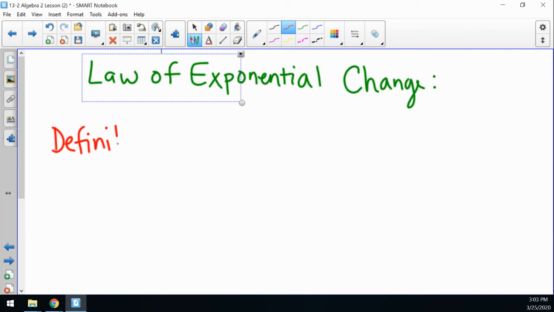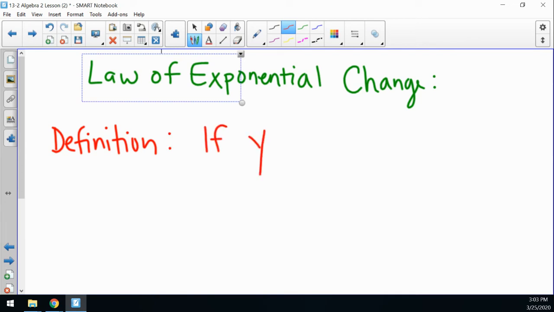Our definition says this: if y changes at a rate proportional to the amount present, meaning if dy/dt equals ky, then y is equal to y naught when t equals 0. So what does that really mean? It means this.